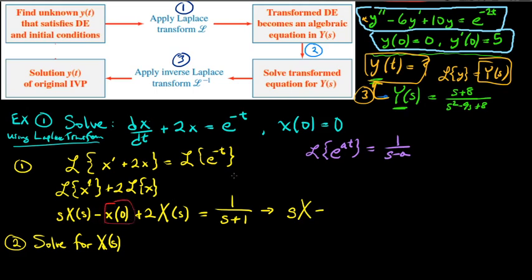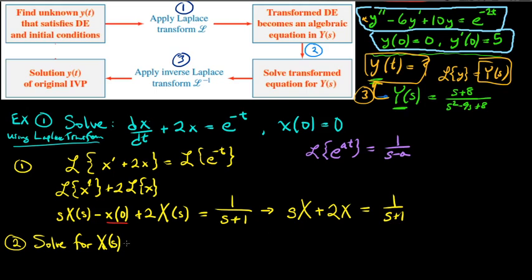X of 0 is 0. That's our initial condition, so right away we're subtracting 0 here. So let's move on to plus 2 times capital X. That's just 1 over s plus 1.